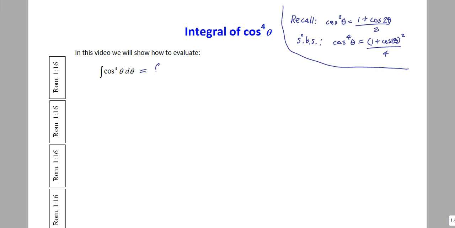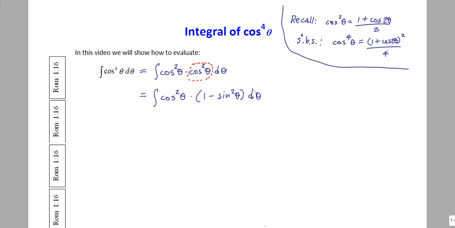Let's write this as the integral of cos squared theta times cos squared theta d theta, and then we'll invoke our beloved trig identity, the most popular one of all, that says that the sum of sine squared theta plus cos squared theta is equal to 1. So I can therefore write this as the integral of cos squared theta times 1 minus sine squared theta d theta.